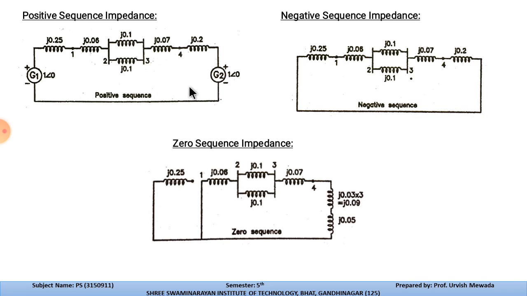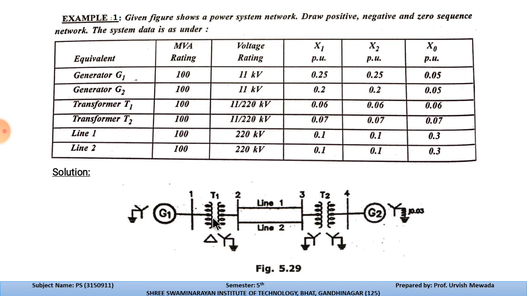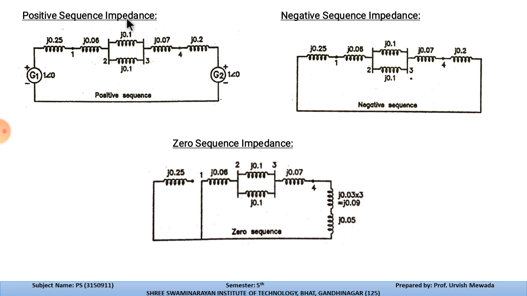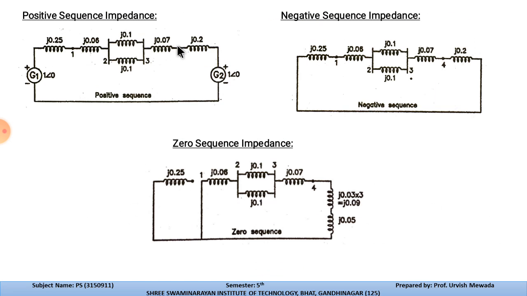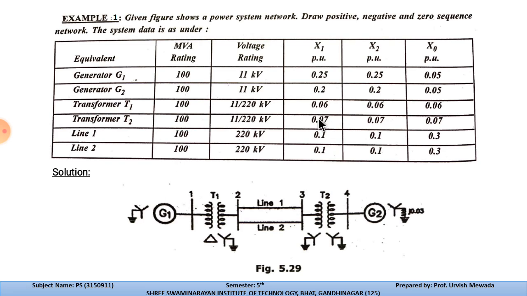After the generator we have transformer T1 with reactance 0.06. Then we have a parallel network, that is, the parallel feeder with line 1 and line 2 having 0.1 and 0.1 as their reactances. Then we have T2, that is 0.07 x1.